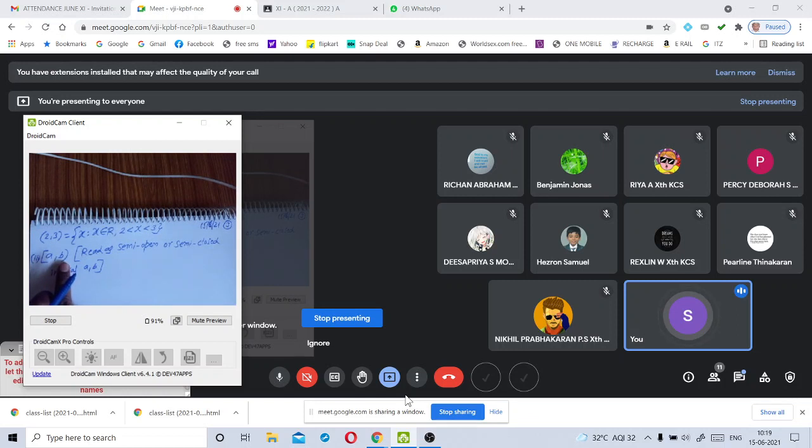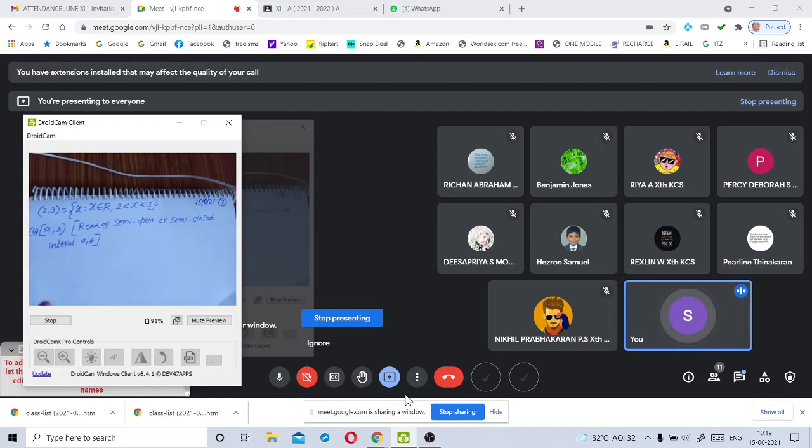This interval is read as semi-closed interval a comma b or semi-open interval a comma b, because on the left side we used a square bracket, which denotes a closed interval, and on the right side we used an open bracket, a small bracket. That is why this is called semi-closed or semi-open interval a comma b.